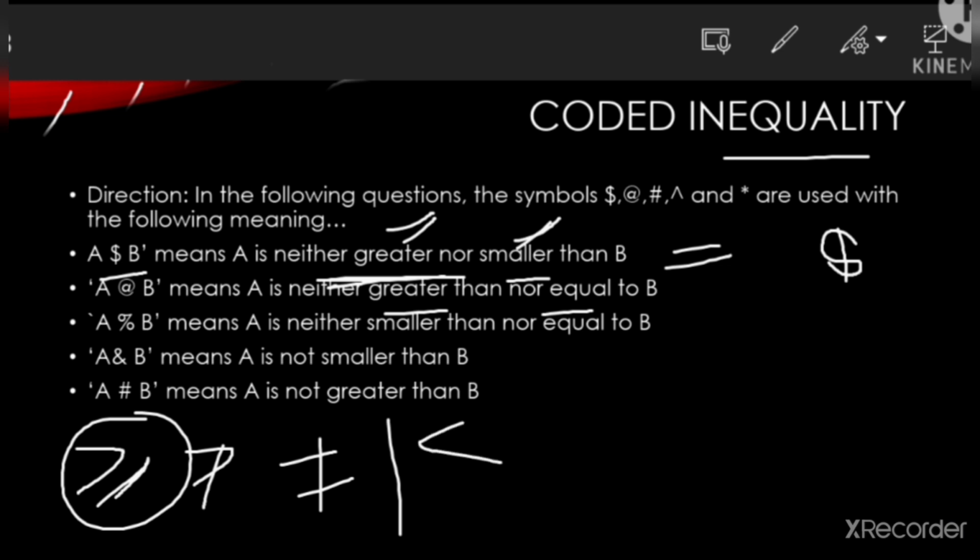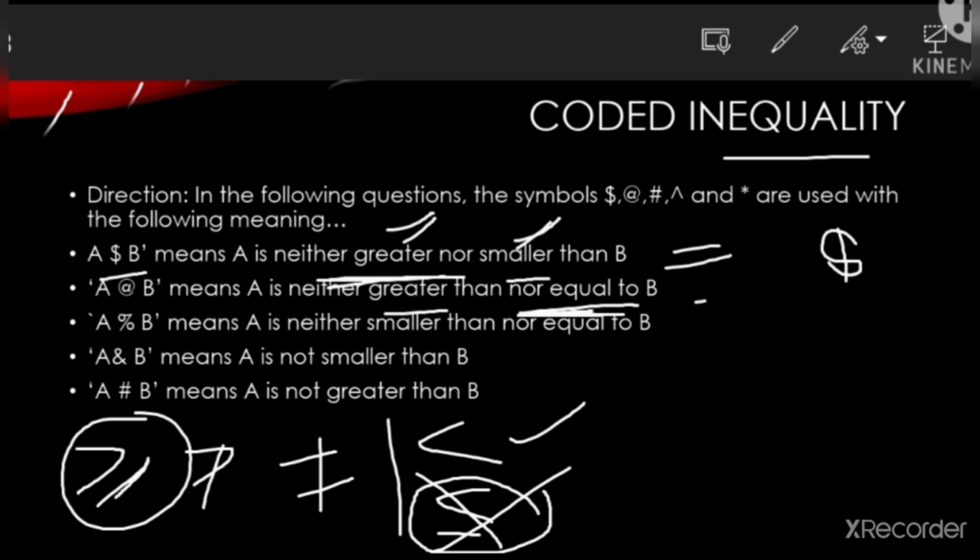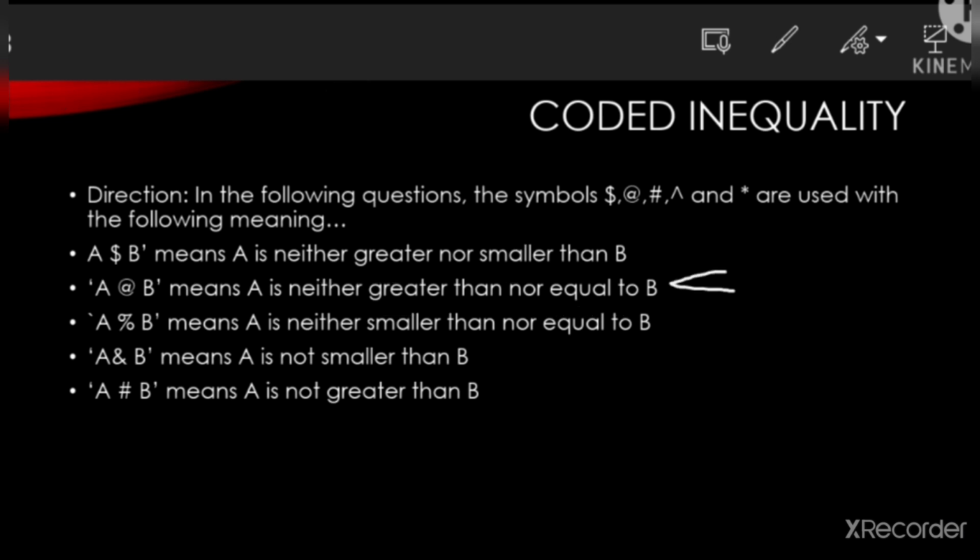These are smaller than and smaller than or equal to, but it says nor equal to. So smaller than or equal to has the equal to sign, so we will not take that sign, we will only denote it with the smaller sign. So it is the less than sign. Fine. Next, this is smaller and this is equal to. I hope this is clear till now.